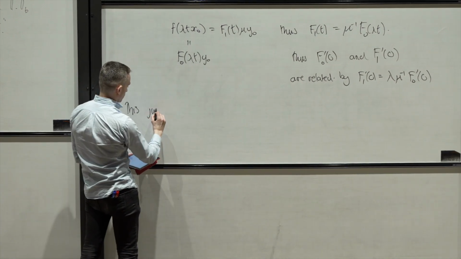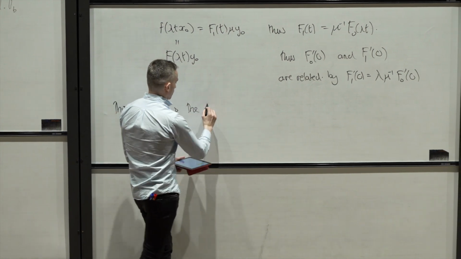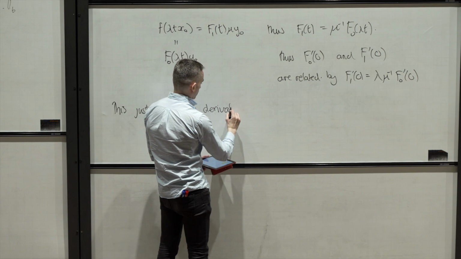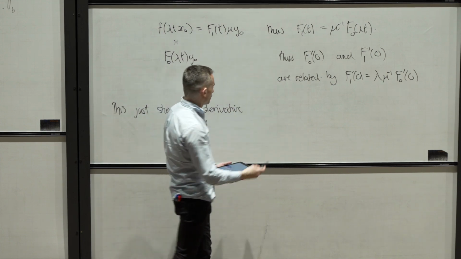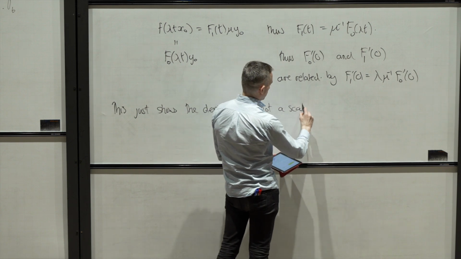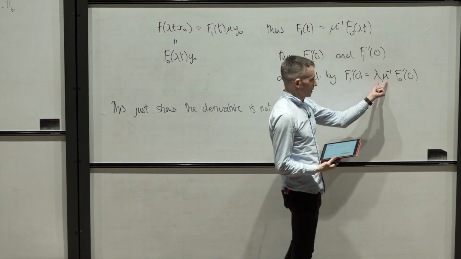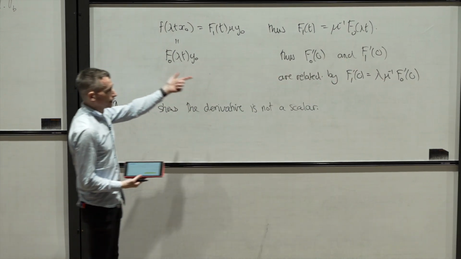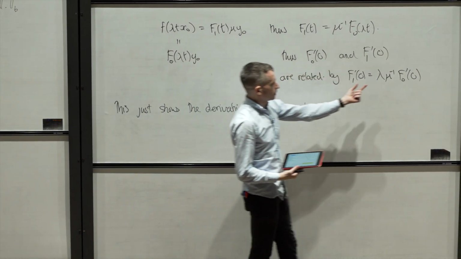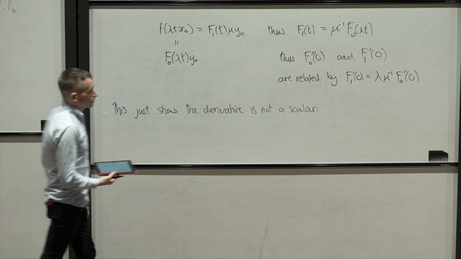So this just shows that the derivative is not a scalar. Right? It transforms. I mean, it is something we can calculate in coordinates like this because we know how to relate the thing we get when we change coordinates.